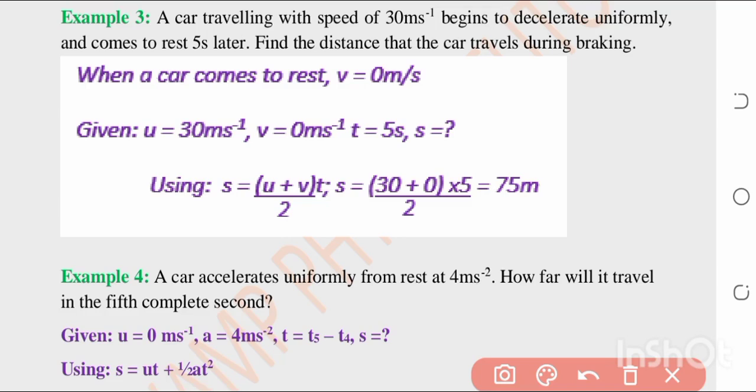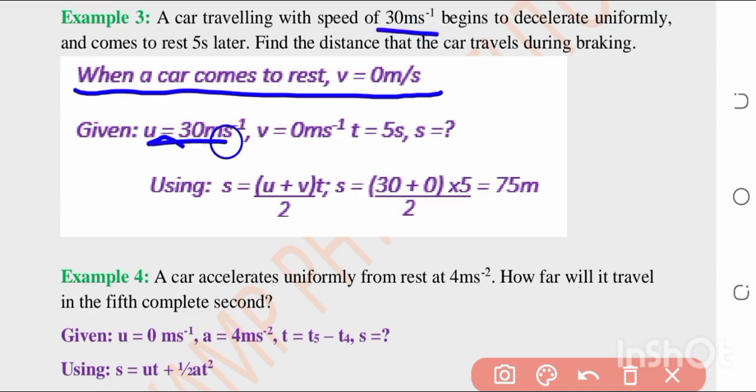From what we've discussed so far, we know that when a journey comes to rest, it means our final velocity will be 0, because the body will stop moving. According to the question, we have initial velocity given as 30 meters per second, and we have a time t equal to 5 seconds. We have to calculate the distance traveled in these 5 seconds.